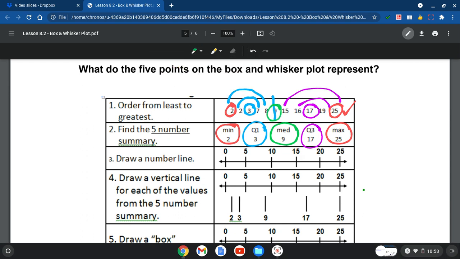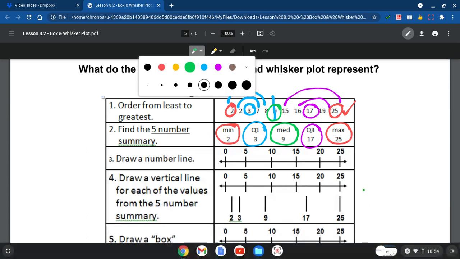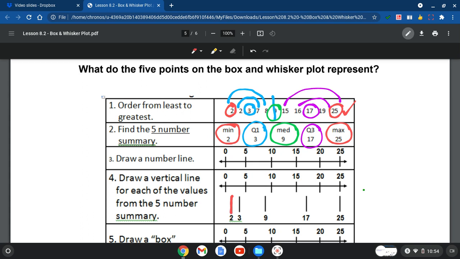Now that we have all 5 numbers of the summary, we will then draw our number line. We will include the numbers from 2 to 25 in our number line. We then draw a vertical line for each of the values from the 5-number summary. Therefore, we have a vertical line for 2 and for 25.